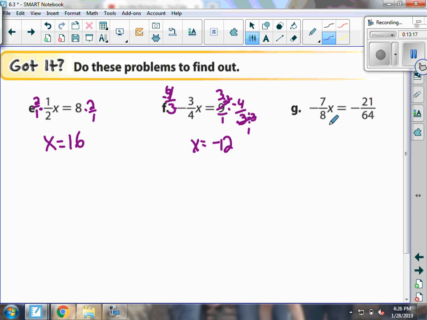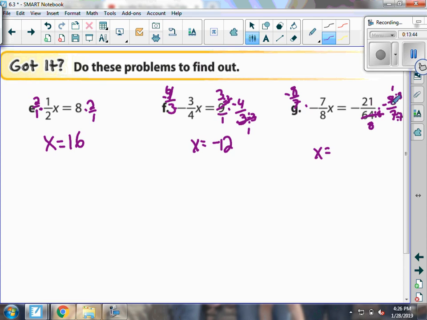And g, negative 7/8 x is equal to negative 21 over 64. So I multiply both sides by negative 8/7. Flip your number. That cancels out, so I have x is equal to, I can divide this by 8 and this by 8. So 8 divided by 8 is 1, and 64 divided by 8 is 8.